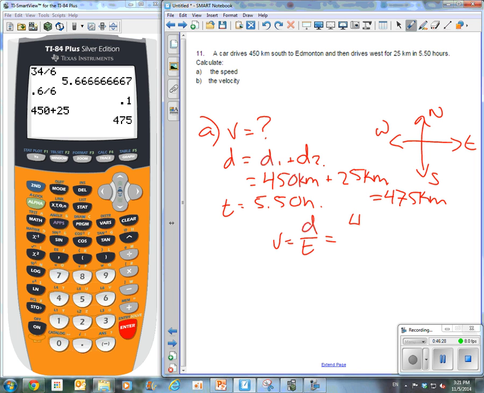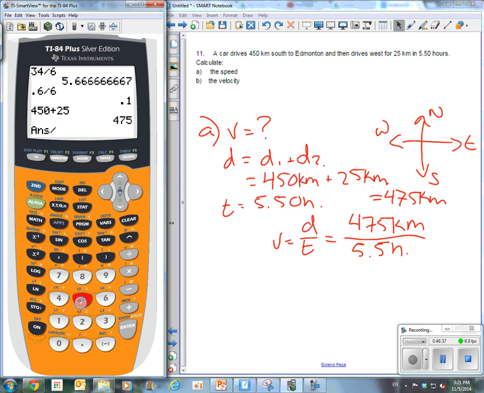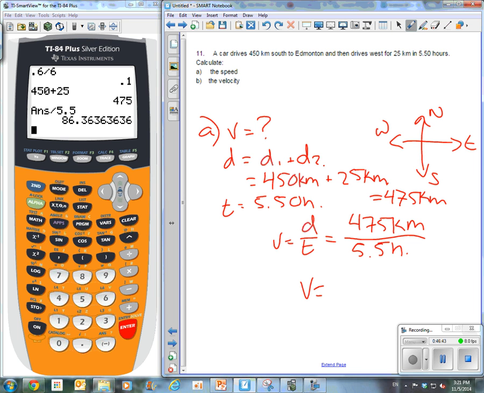So this is equal to 475 kilometers, all divided by 5.5 hours, and I get a speed of 86, only 86, two significant digits. Okay, so 86 kilometers per hour.